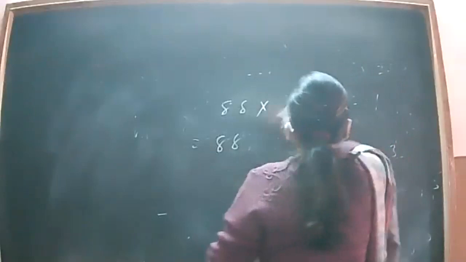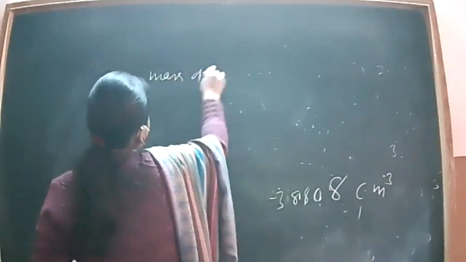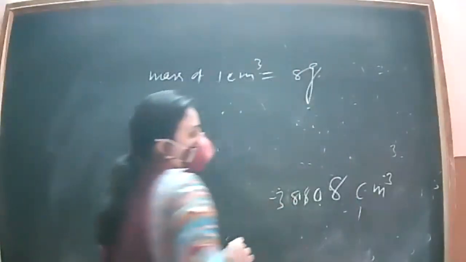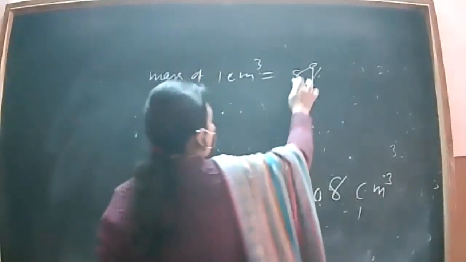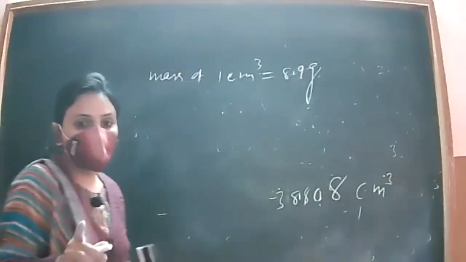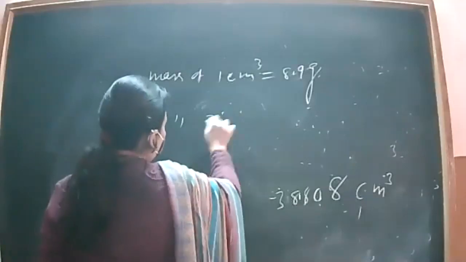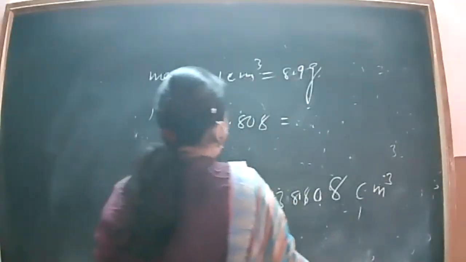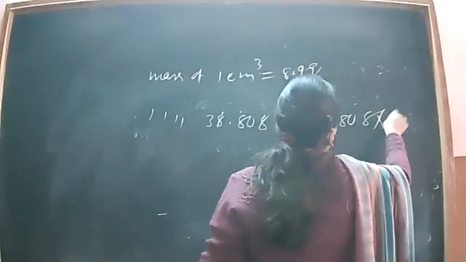So the mass of 1 centimeter cube is given to be 8.9 grams. Sorry, this is 8.9 grams, the mass of 1 cubic centimeter unit. And the mass of the total ball means the total volume, 38.808, you will multiply by 8.9.